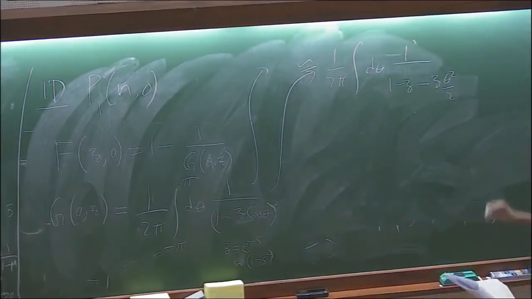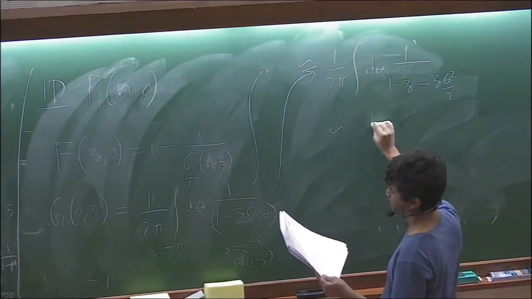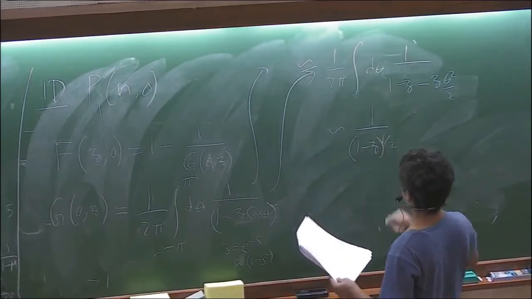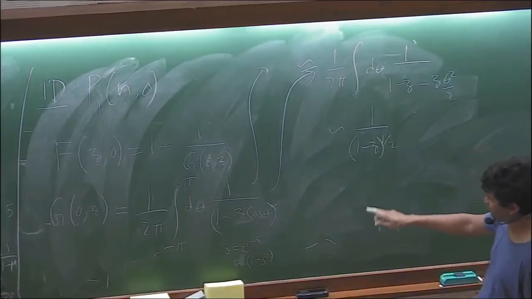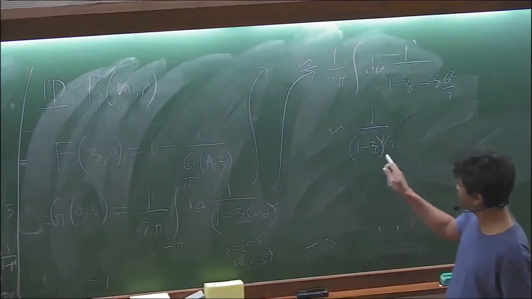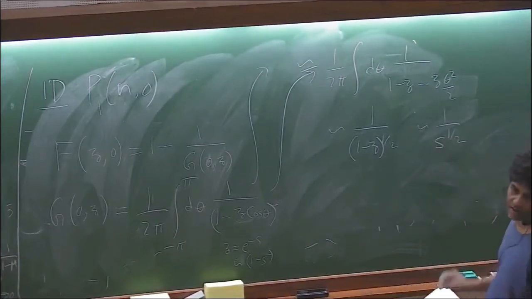This integral one can do, and I'll just write the answer. This goes as 1 by 1 minus z to the power half. And in terms of s, since for small s z is like 1 minus s, this is like 1 by s to the power half.